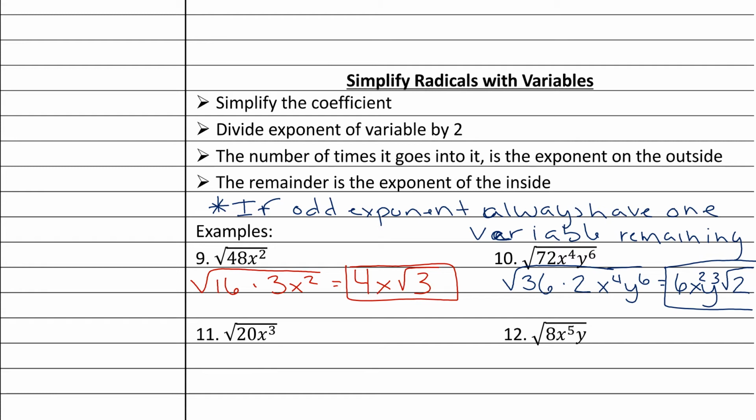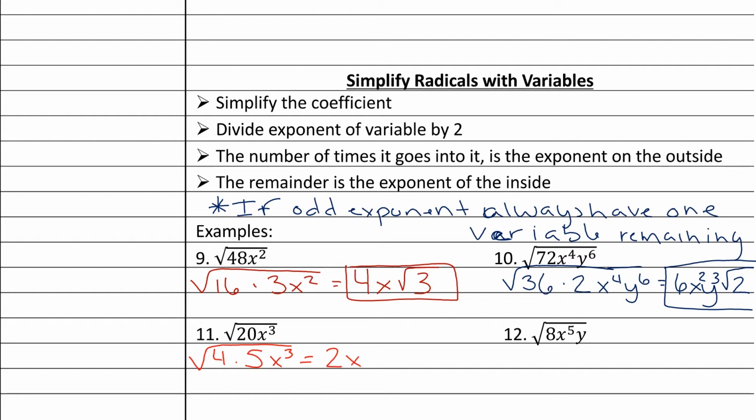However, on this next one, my exponent is 3. So there is going to be a remainder. I'm still going to break apart 20, and we will do 4 times 5. So I'm going to have a 2 on the outside. How many times can 2 go into 3 evenly? 1 time.